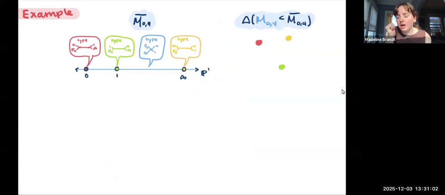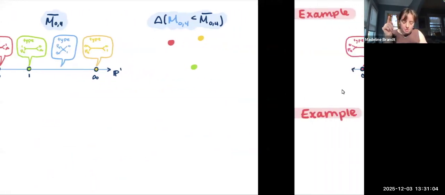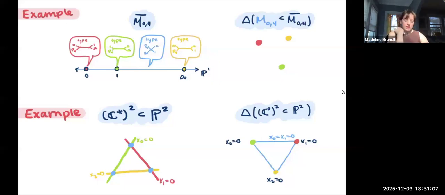So not super complicated. I'm going to give you another example where there's a little bit more going on. If I want to compactify C star squared by P2, then what have I added in? Let's say my coordinates for P2 are x0, x1, x2. When any of those is 0, that's something that I've added in my boundary. So I have these 3 components: the one where x0 is 0, x2 is 0, and x1 is 0.